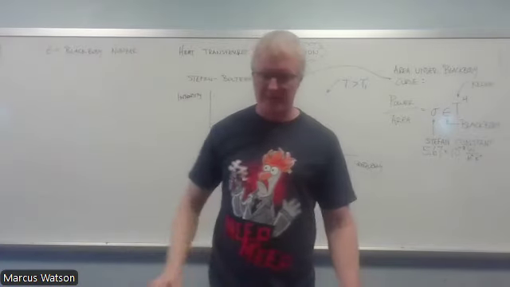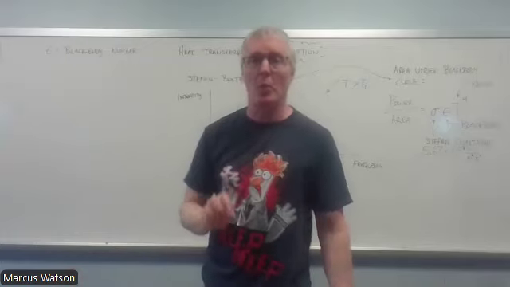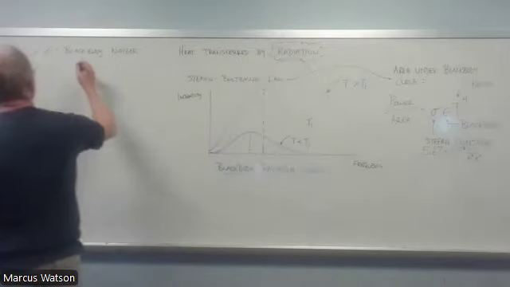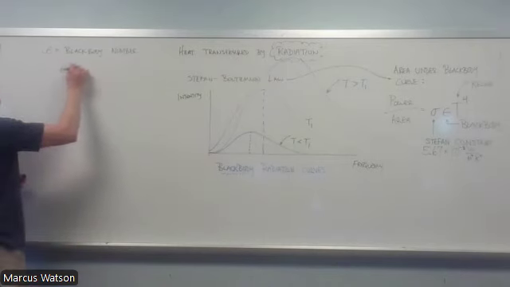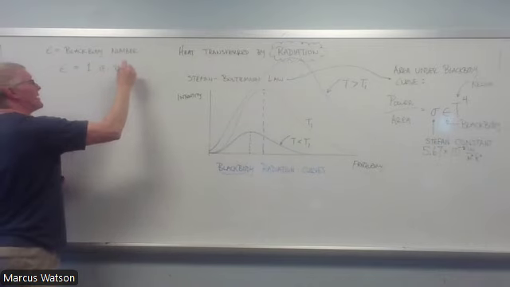So it's saying that if it's a black body, then this number epsilon is going to be 1. So we call that a perfect black body.